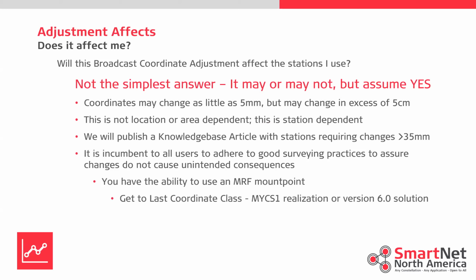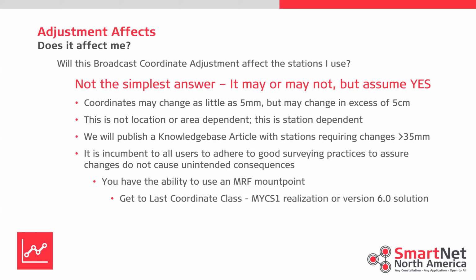So, the important questions. Adjustment effects. Does it affect me? Will this broadcast coordinate adjustment affect the stations I use? It's not a simple answer. It may or it may not, but you should assume yes. Like I said, coordinates may change as little as a couple millimeters all the way up to 5 centimeters.